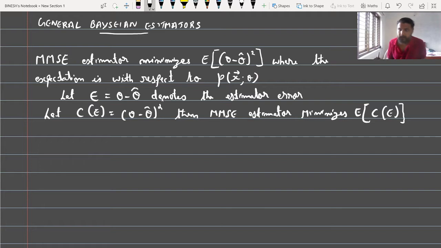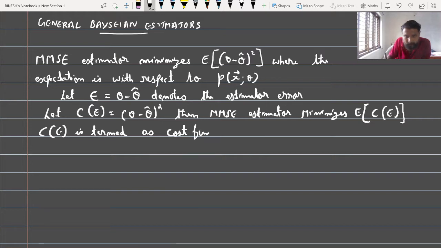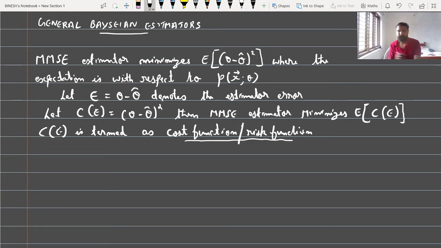That is the case of general Bayesian estimation, where C of e is termed the cost function. Otherwise we can call this the risk function. Underline that word, risk function.